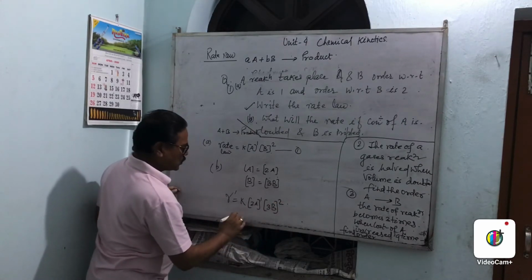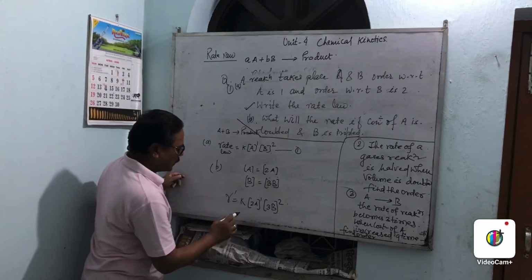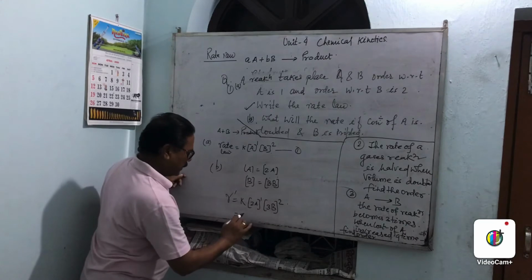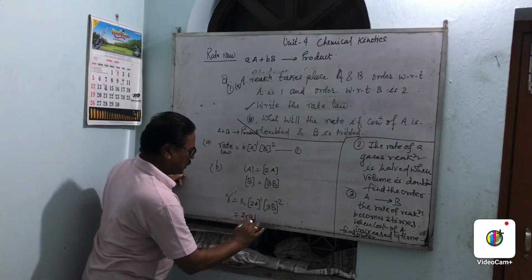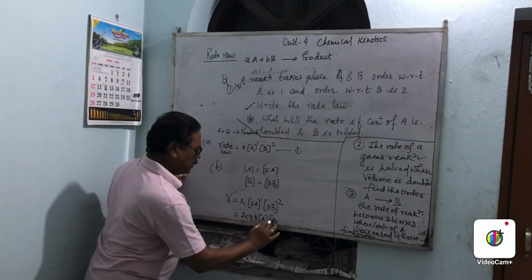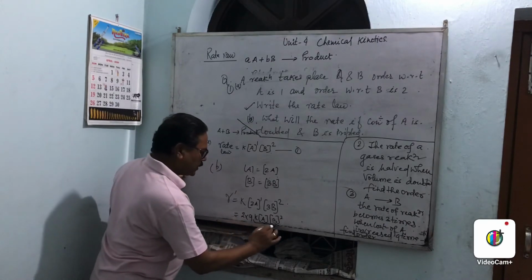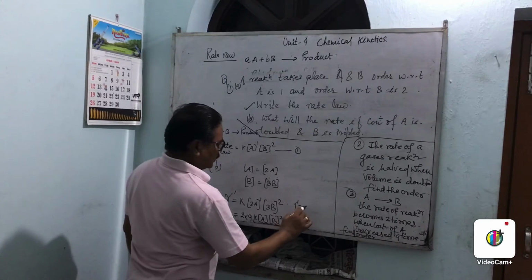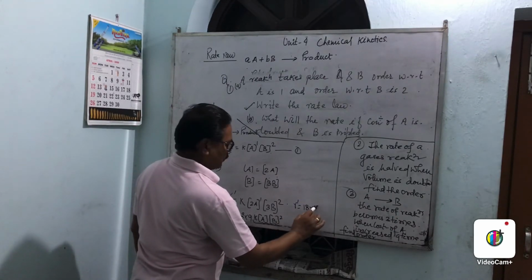So it comes to be K, and 3 threes are 9, into 2, this is K, A, and B to the power 2. And from the equation, R dash is equal to 18 times R, the first rate.